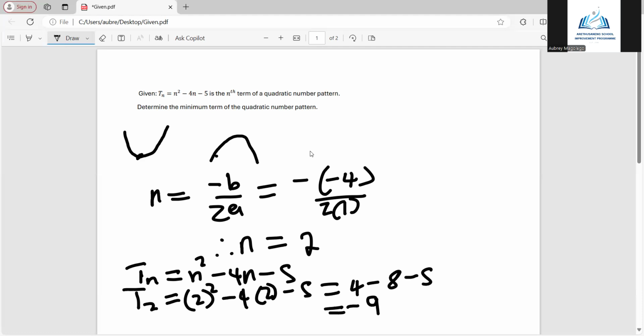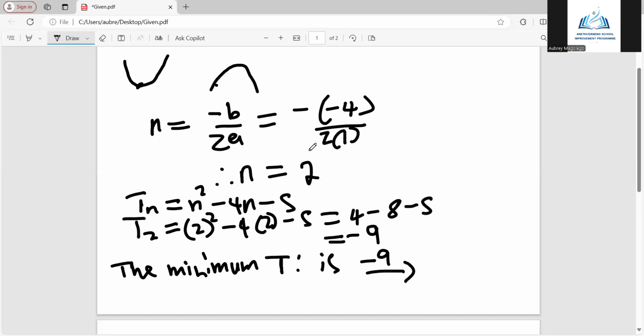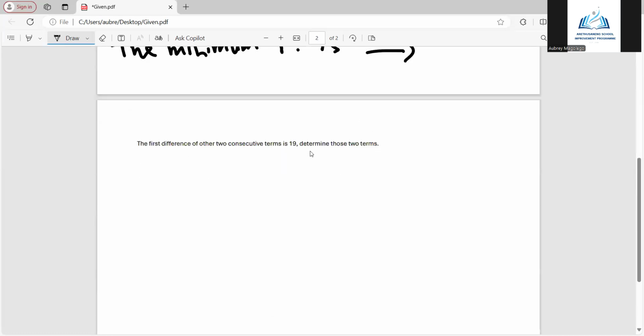So I can conclude from this question that the minimum term is negative 9. So that was just simple. Let us go to the next question if we do understand the first one.